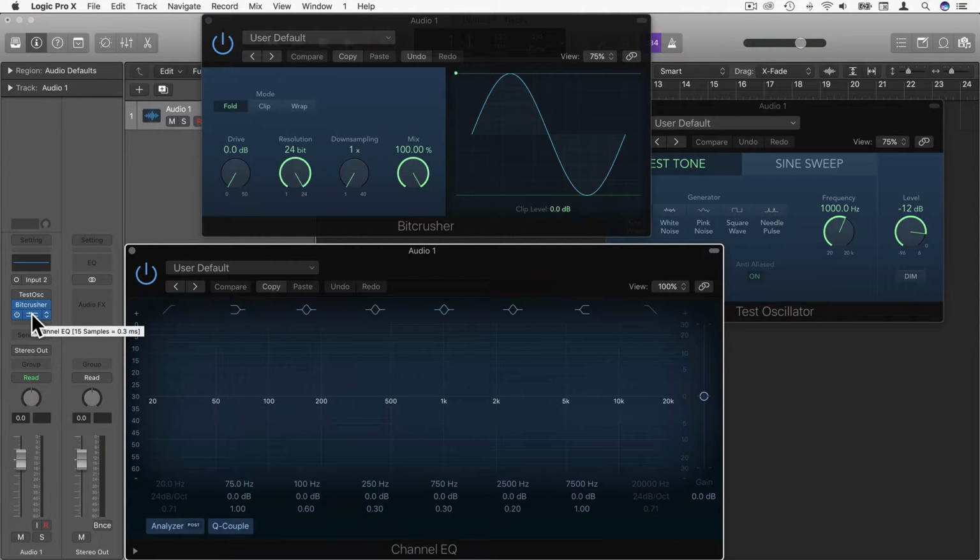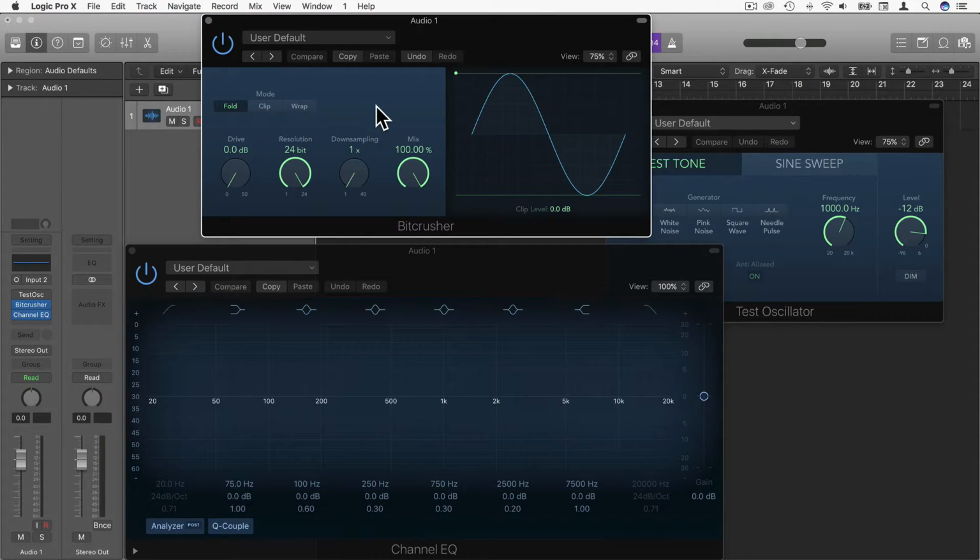I'm going to play the test tone, and then I'm going to, quote unquote, change the sample rate to a lower one, which I'll emulate using this bit crusher here, using the downsampling feature, just to get an idea of the sort of distortions that can occur as a result of aliasing.